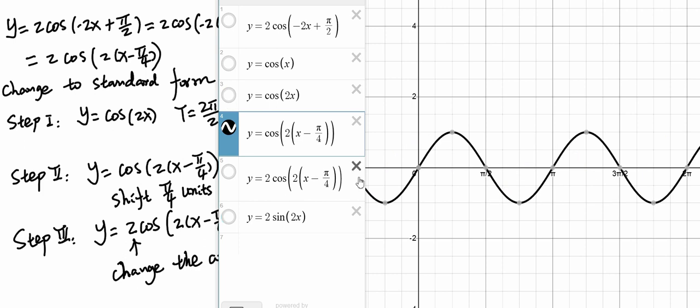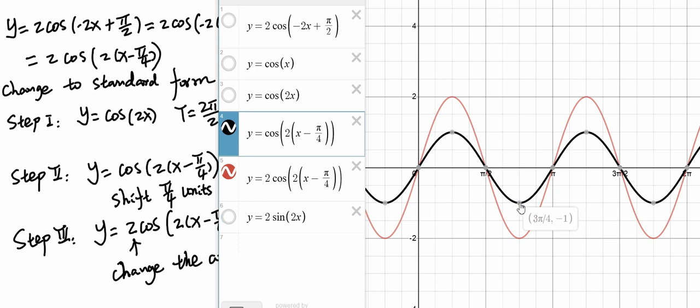Okay, step 3, that's easy. Then you have a 2 in front of cosine, so you simply change the amplitude. This part goes this high, and it was here, negative 1 multiplied by 2 here.